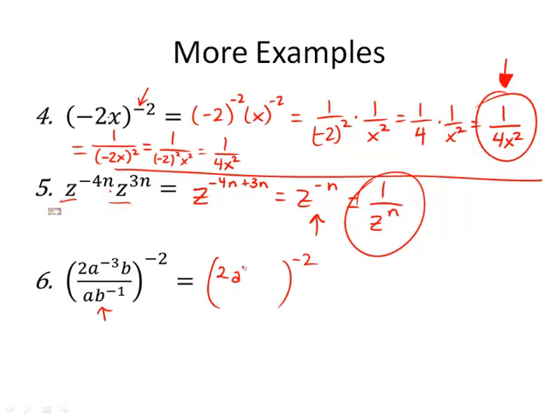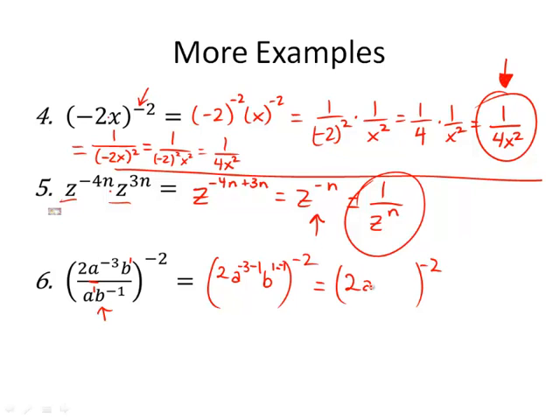Then we've got a to the power of negative 3 minus 1. This is a 1, and this is a division here of the a's. And because we're taking the quotient rule, we're subtracting the exponents. And then b is to the power of 1 minus negative 1. All right, let's take the inside further.